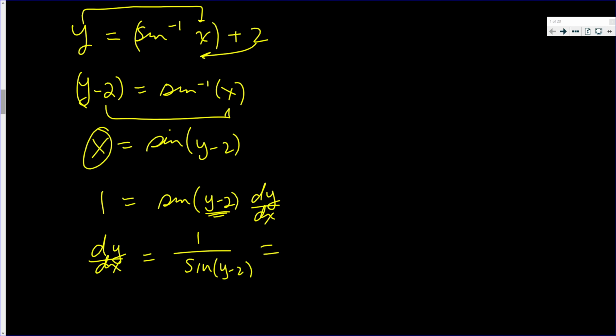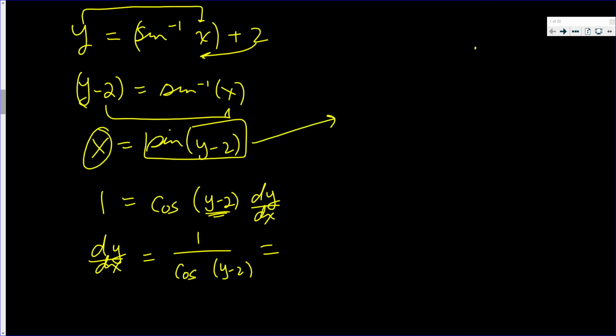And we'd like to get it in terms of x's. Oh, the derivative of sine of any angle is the cosine of the angle. Sorry. So this should be the cosine of y minus 2.